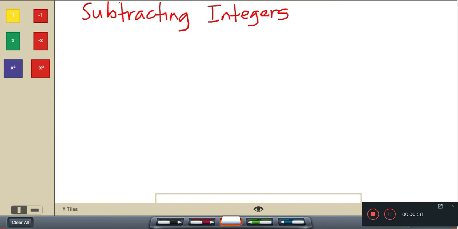The example I have here is negative 5 minus 2.